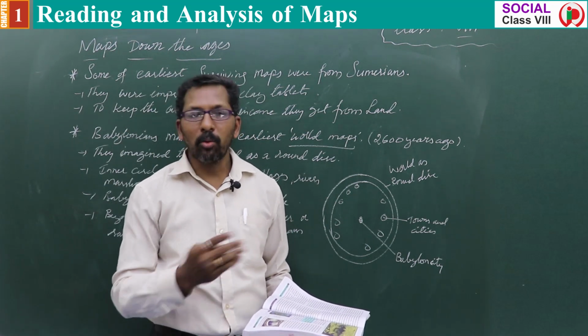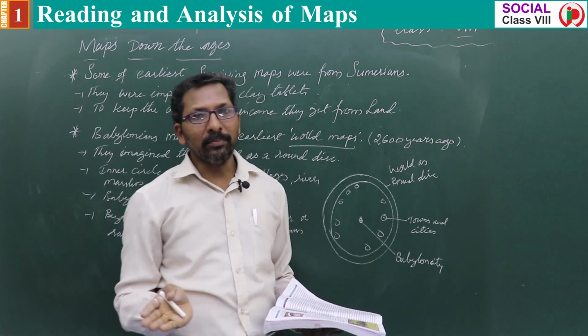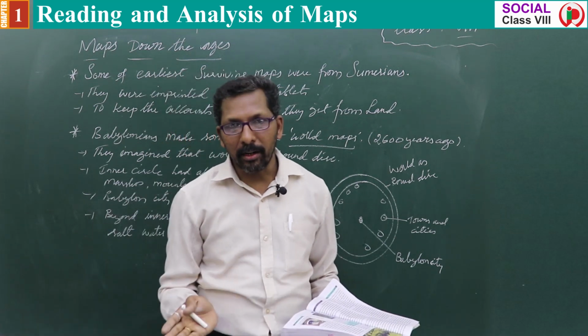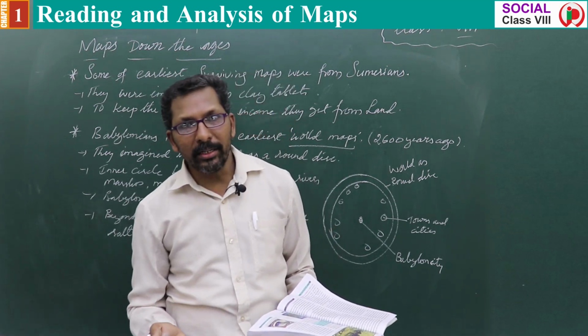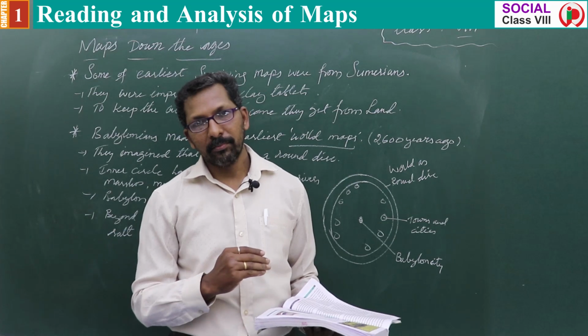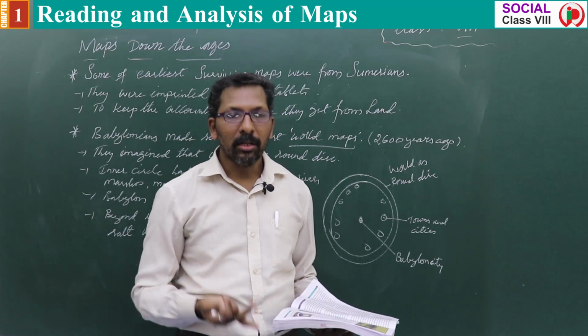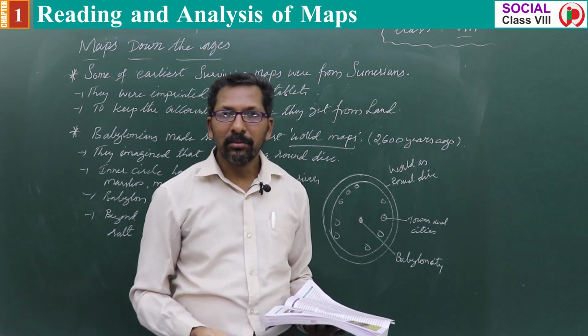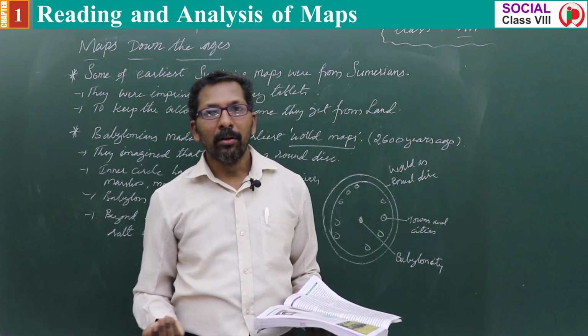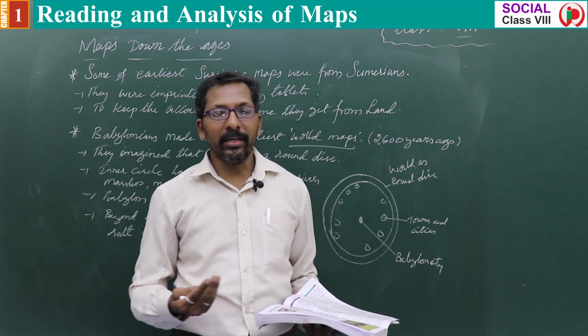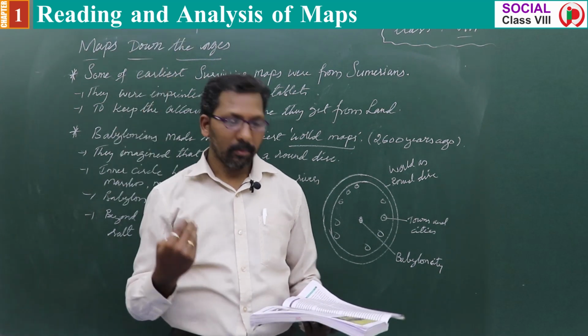Then after that, slowly, many European travelers and traders came to India, for example the British, the Portuguese, the French, and the Dutch. All these people came from Europe to trade with India.